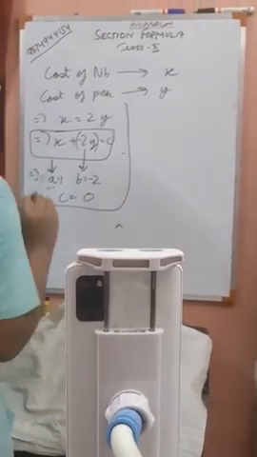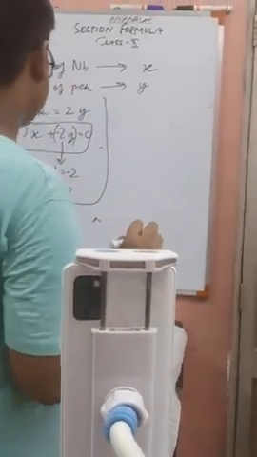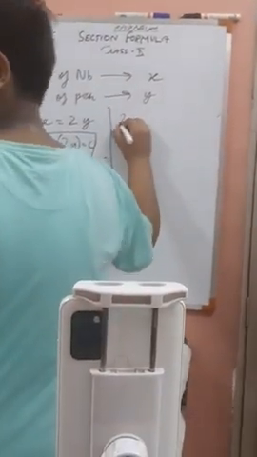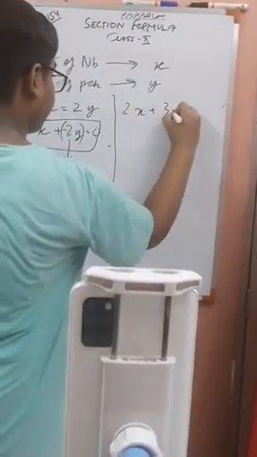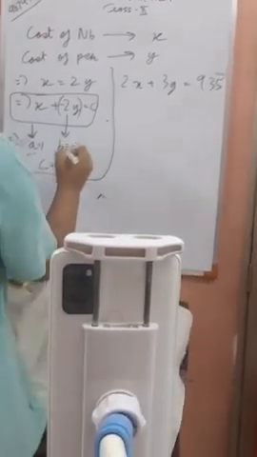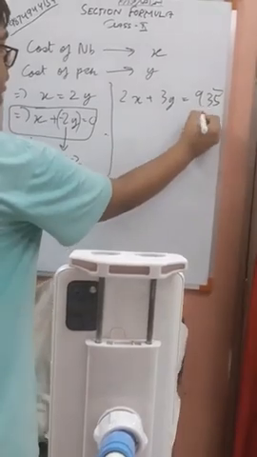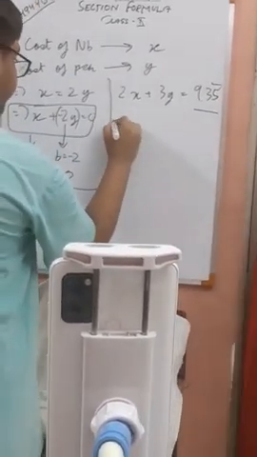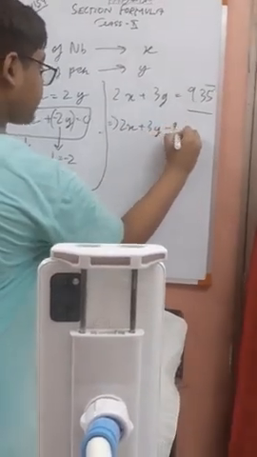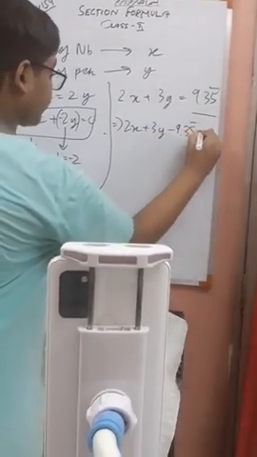You must not be having any doubts, but you might still have them. Now the question was 2x plus 3y is equal to 9.35, 5 is recurring. Taking this constant to the left hand side, it will be 2x plus 3y minus 9.35 recurring is equal to 0.